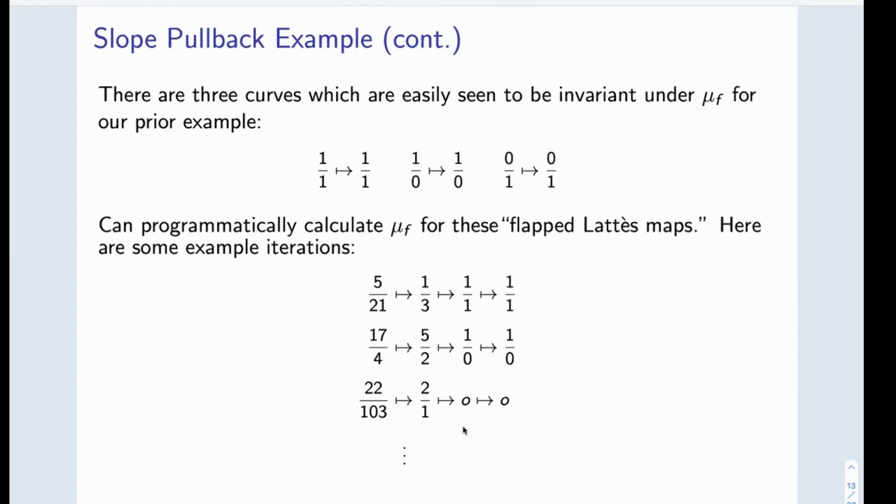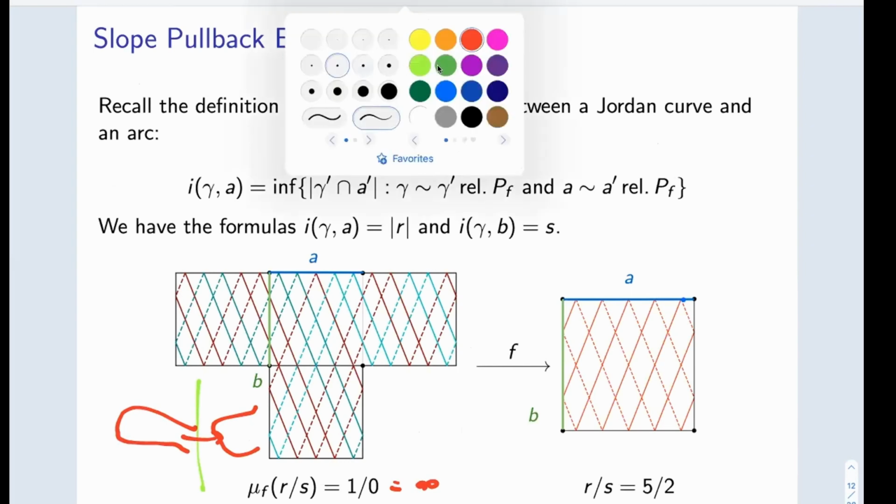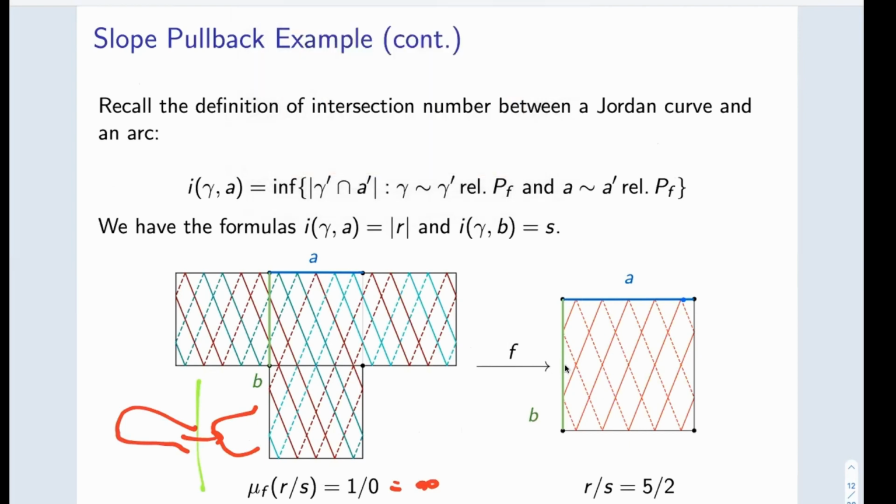So with this example here, it's pretty easy to see what happens when I look at pullbacks of a couple of special curves. All right, so for example, if I look at this horizontal curve that corresponds to R over S being equal to 0/1, then this will actually have these 2 curves in its preimage.